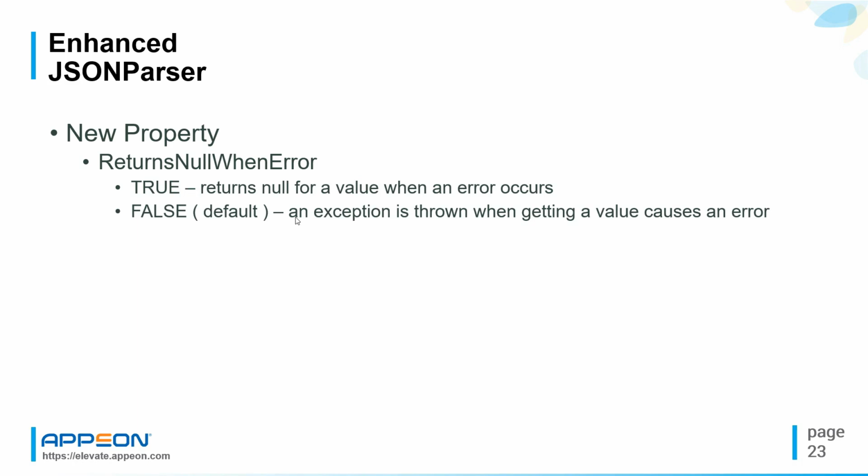What you can do now with JSON parser is you set return null when error to true, and then if you go to access a key that doesn't exist, it will just return null. So that's perhaps a different way of handling the optional attributes. You would just get a null back then if the attribute wasn't on the row.